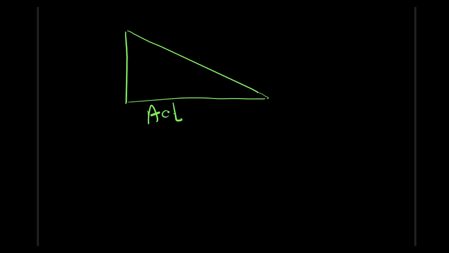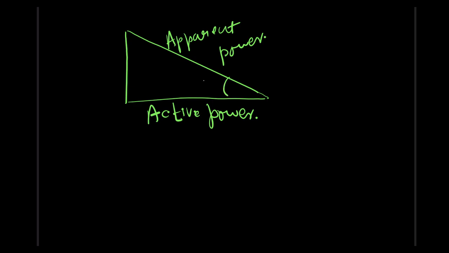Now, there is another method of finding power factor, which is the power triangle. This base represents active power. This hypotenuse represents apparent power or complex power. This is angle theta.